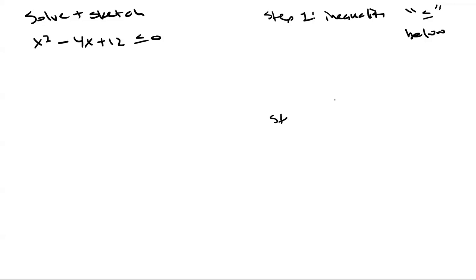Step number two is we need to sketch the graph to understand where it is below. And then step number three, we need to write down our answer. So how do we find out where it is below? Well, first, what we need to do is factor.